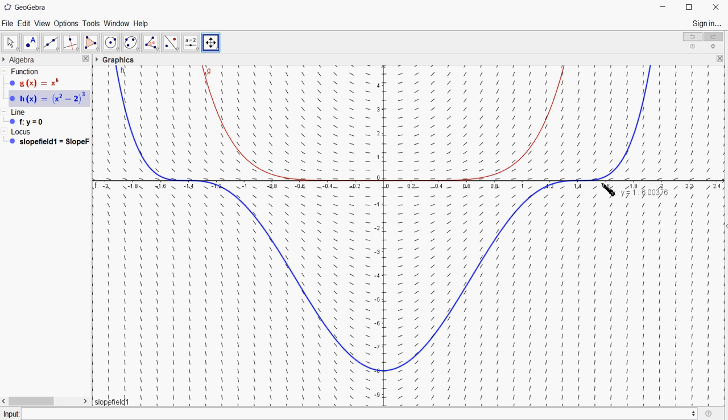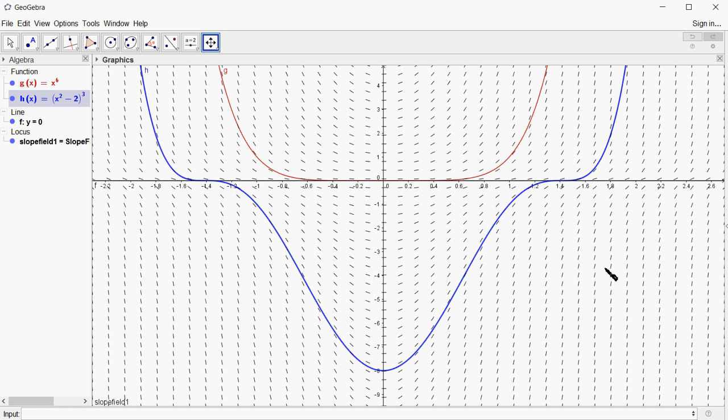The blue curve is another solution with a different initial value, of course, but you can see that it follows the slope field very well, and it is another solution that comes from the general solution with a different initial value.